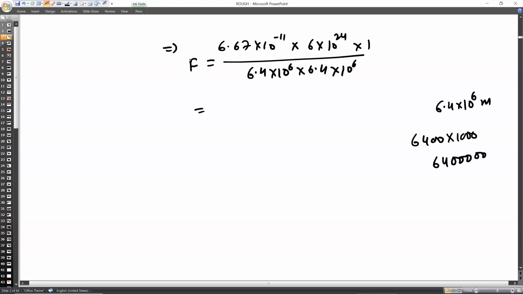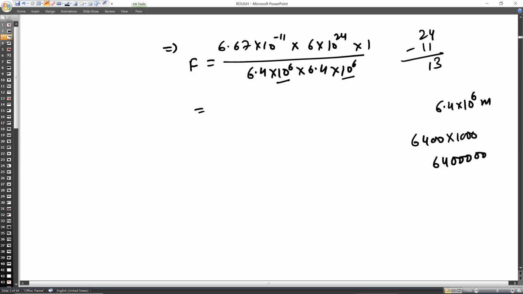Got it? You understood? Yes, sir. Now this is the value. Now you solve the powers first. And you will get 12 here. The numerator power is 24 minus 11, so the total power when you add these two is 13.